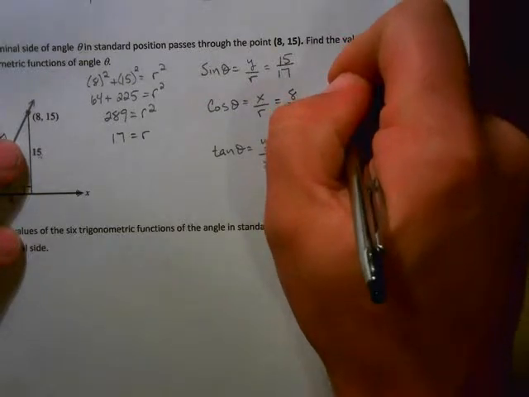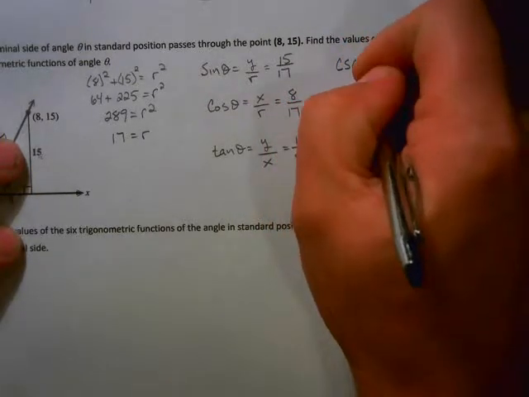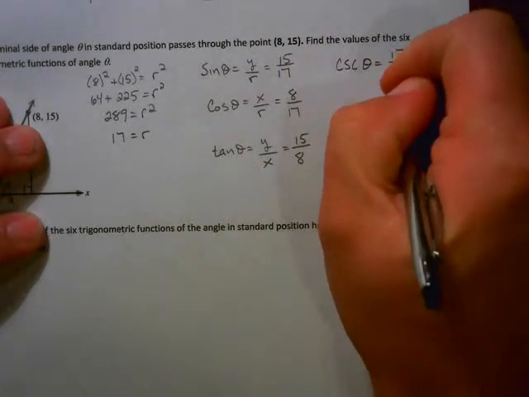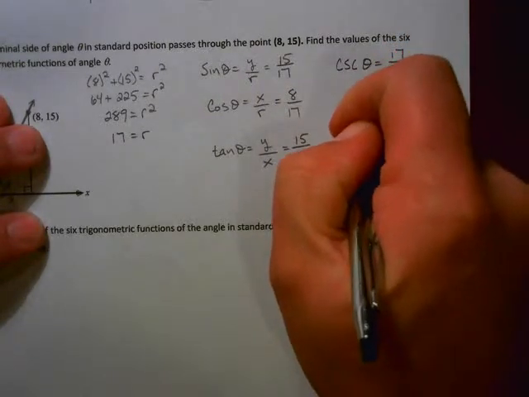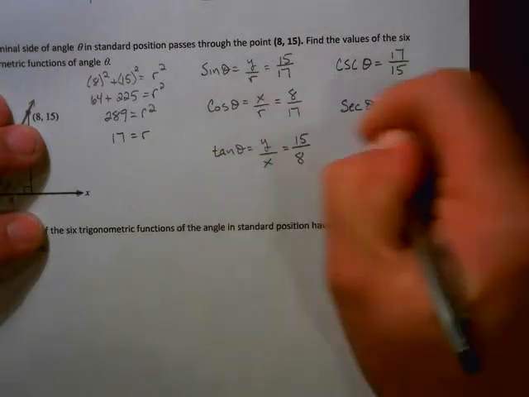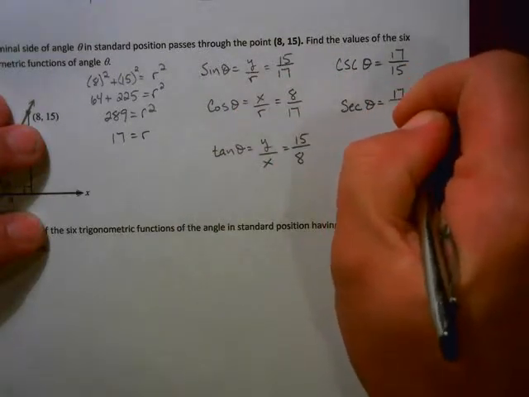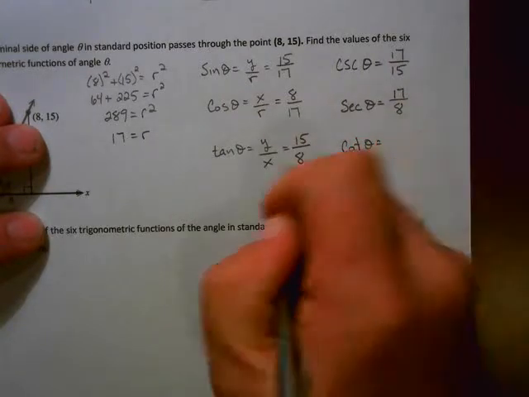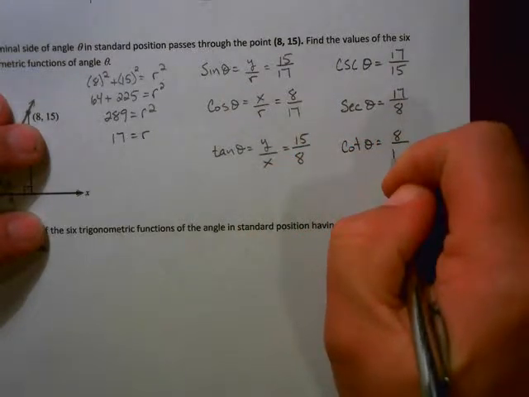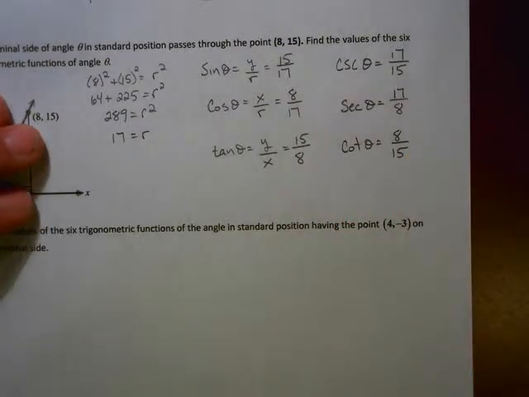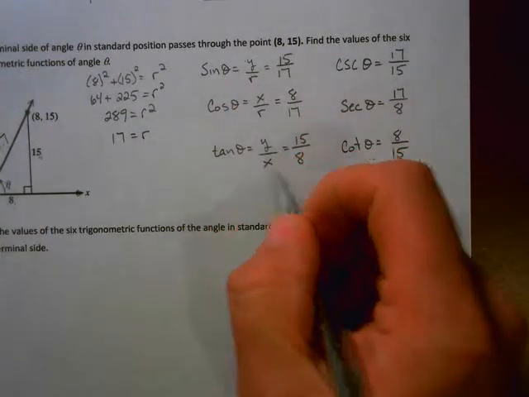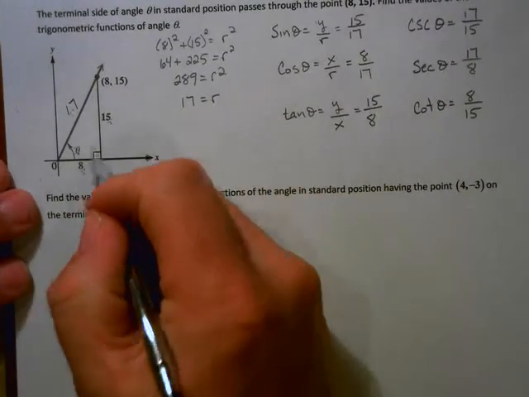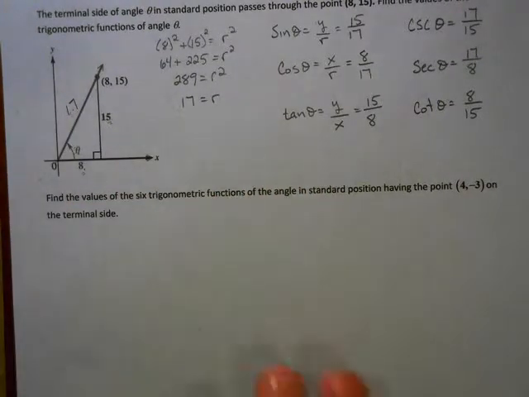So cosecant theta is the reciprocal of sine, so that's 17 over 15. Secant theta is the reciprocal of cosine, so that's 17 over 8. And cotangent theta is the reciprocal of tangent, which is 8 over 15. So there are 6 trig functions referring to the sides of our triangle.